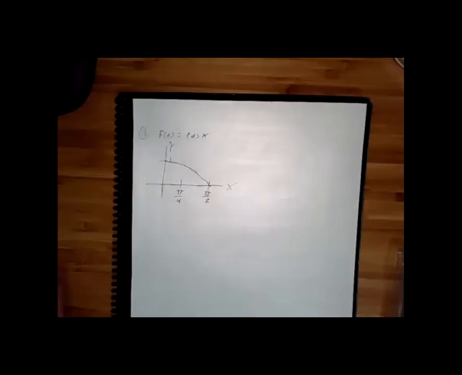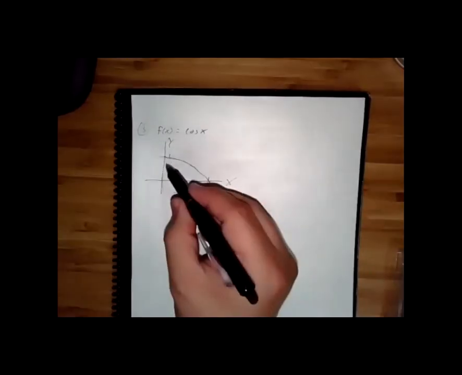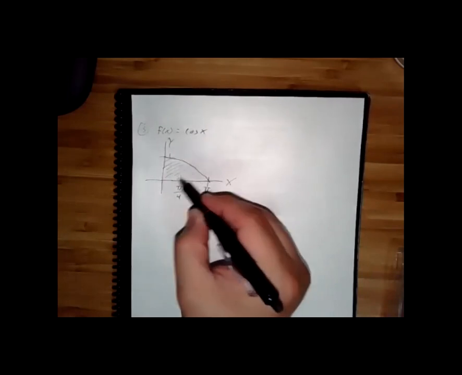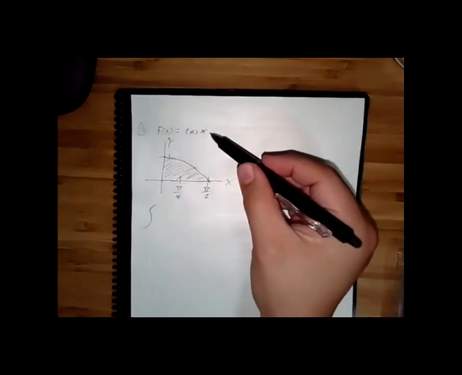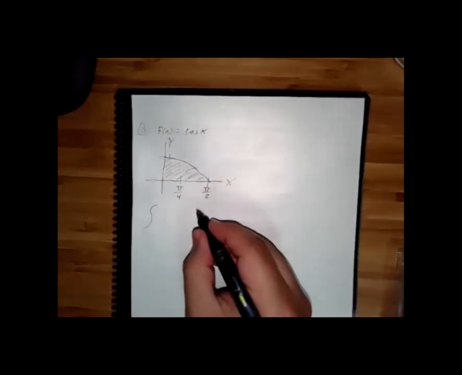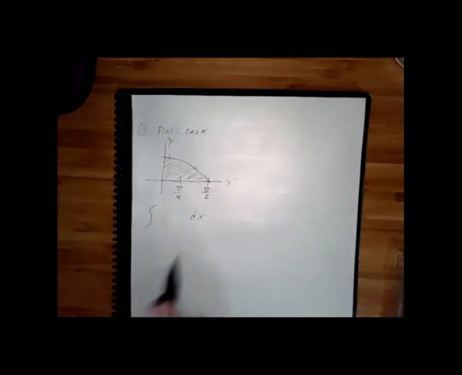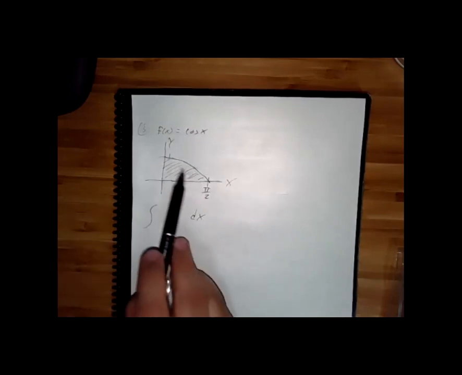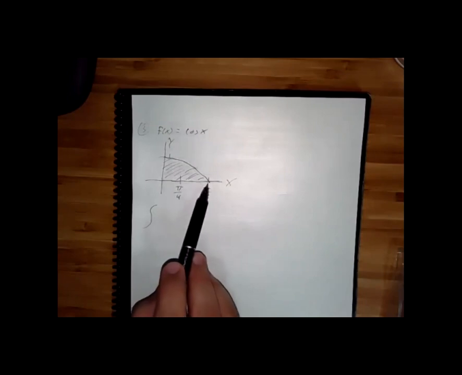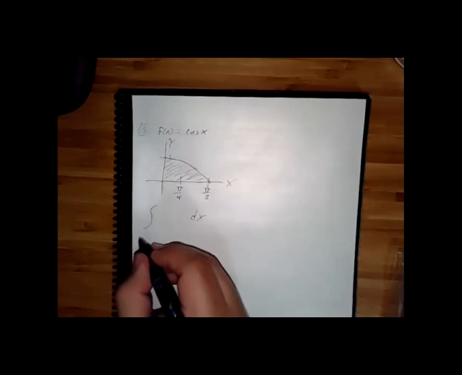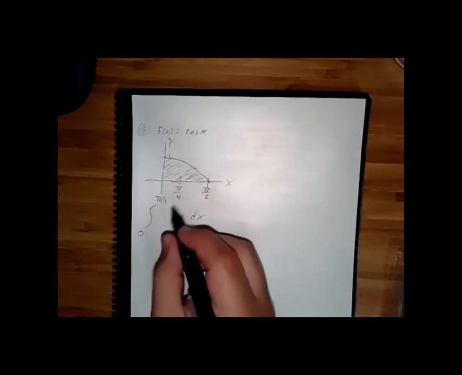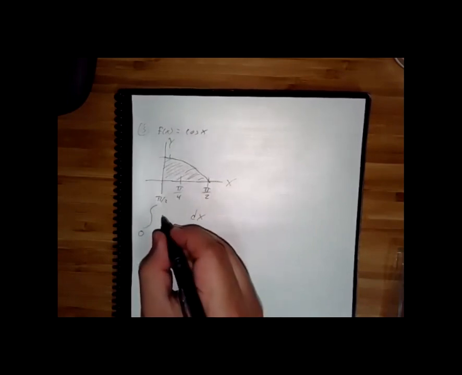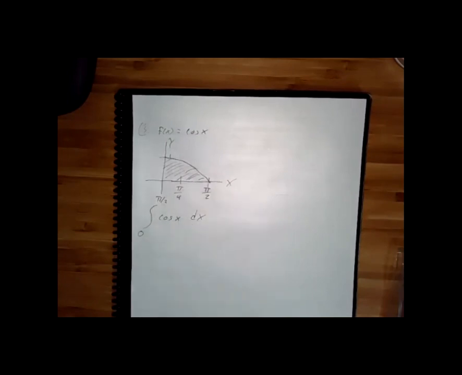Okay. So they want to know this area. So the integral is a function of x, meaning I'm going to use dx. So I'm going to look at the lowest point of this region at 0 till pi over 2. So I'm going to integrate from 0 until pi over 2. And the function that made this is cosine. That's all you've got to do.